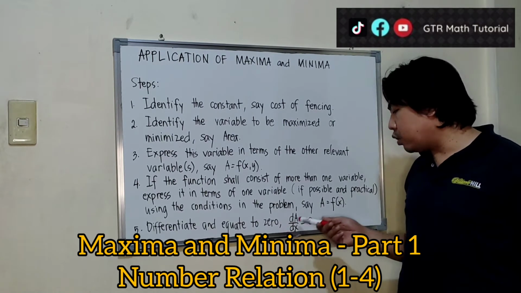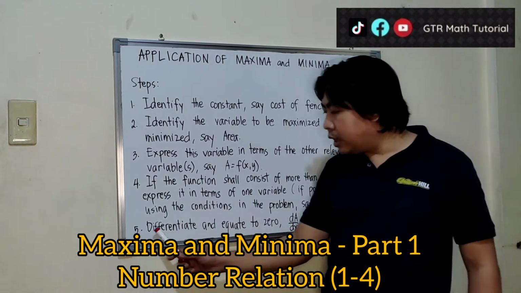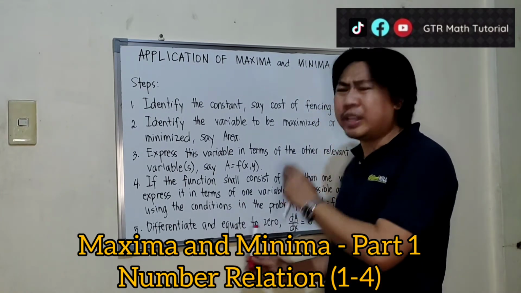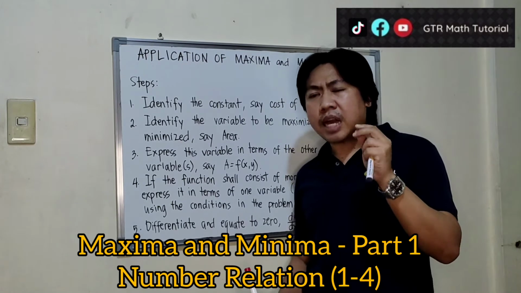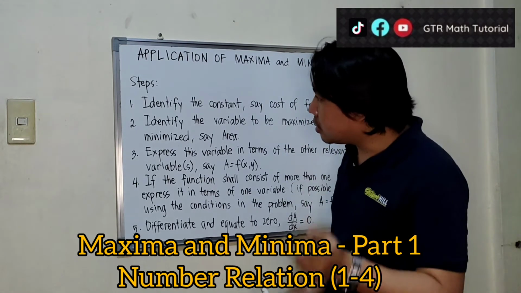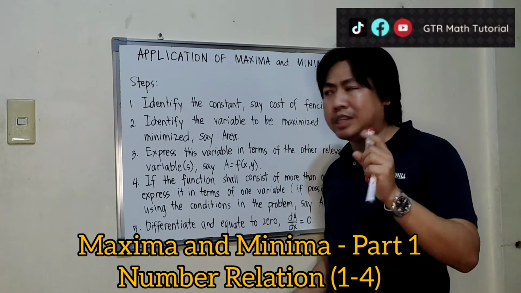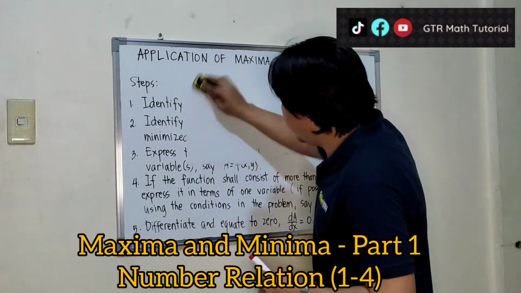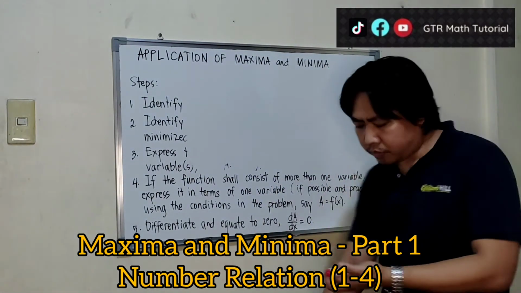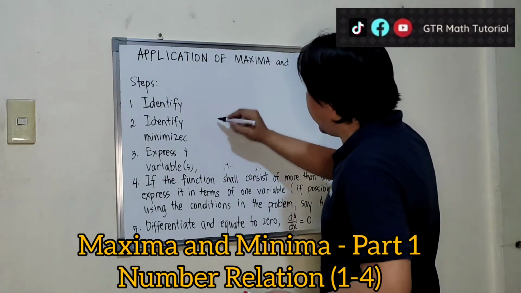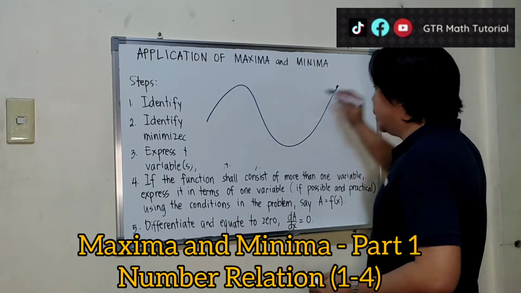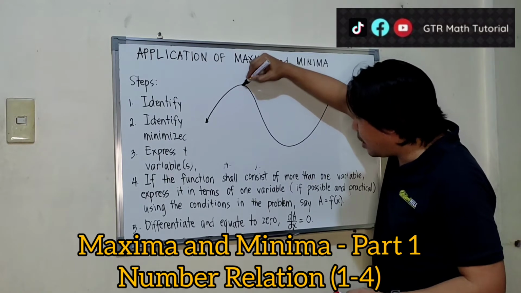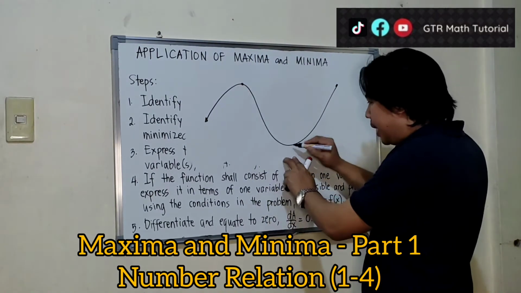Derivative of a with respect to x equals 0. So why do we need to equate to 0? Because we define the derivative as the slope of the tangent line at point xy. For example, if this is the graph of a function, this is a relative maximum and relative minimum.